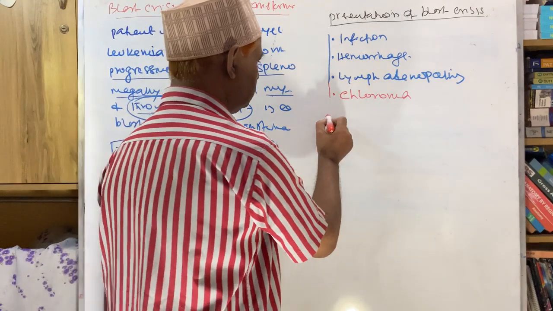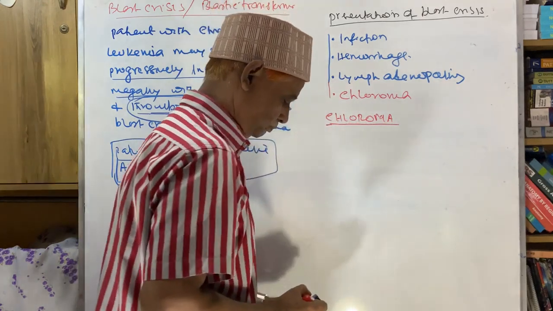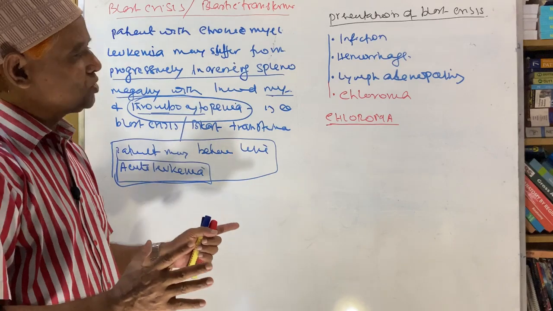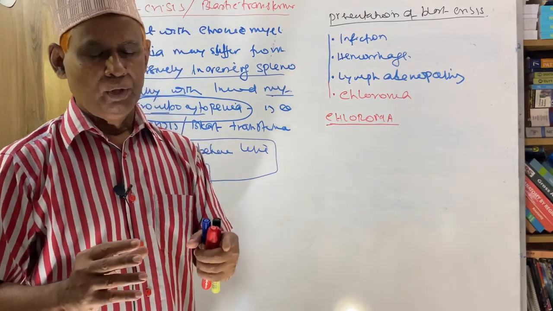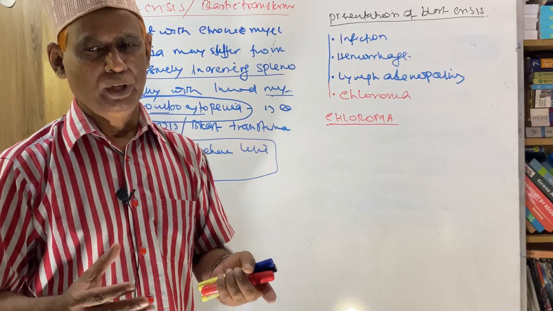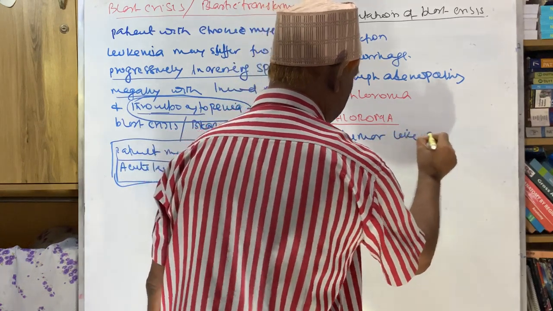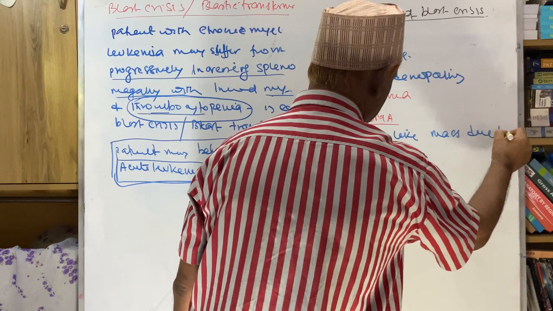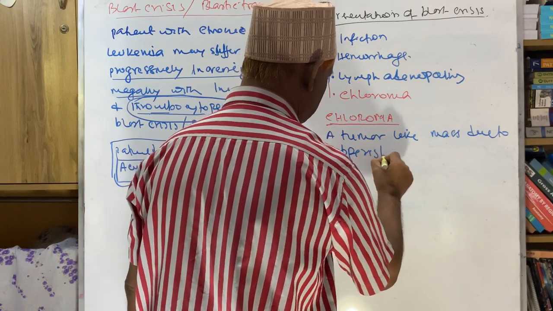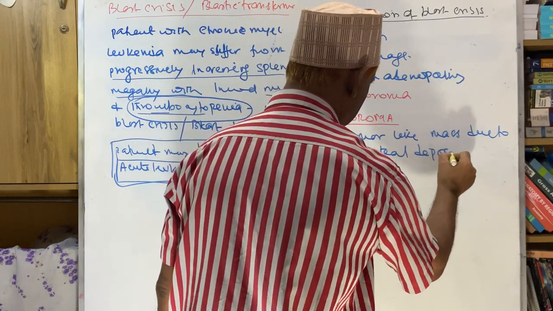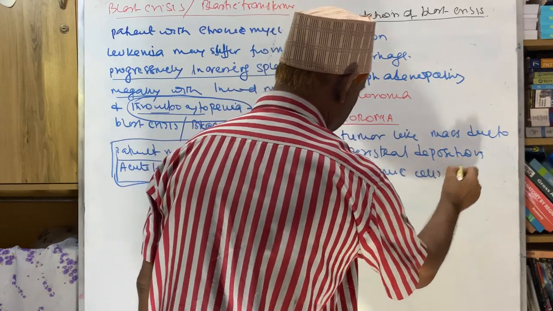Now come to what is chloroma. Dear audience, chloroma is a tumor-like mass due to subperiosteal deposition of leukemic cells.